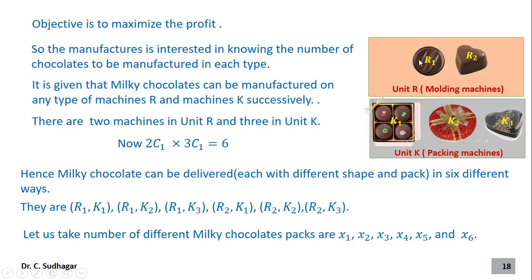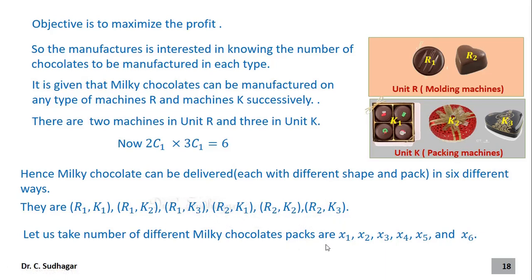The shape of the chocolate is like this and it is packed like this. X3 means the shape of the chocolate is like this and it is packed in these types of boxes. Like that, x1, x2, x3, x4, x5, x6, 6 different milky chocolate packs are possible. Okay, so this is for the milky chocolates.